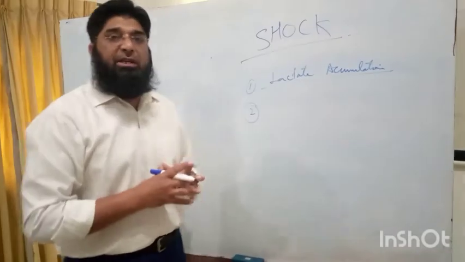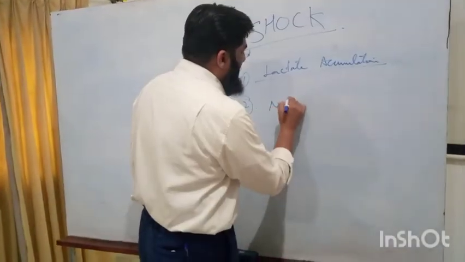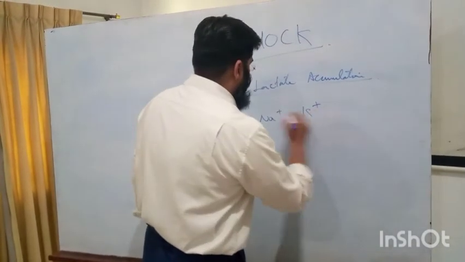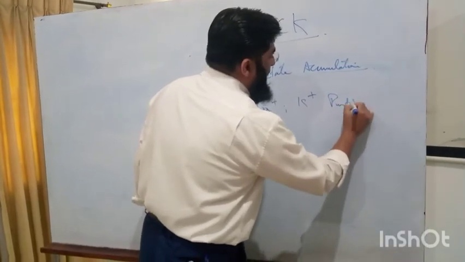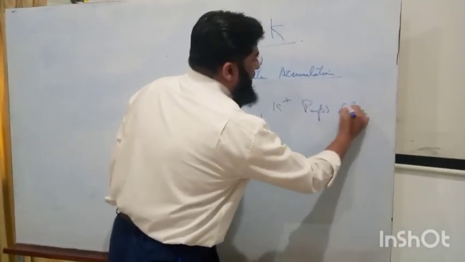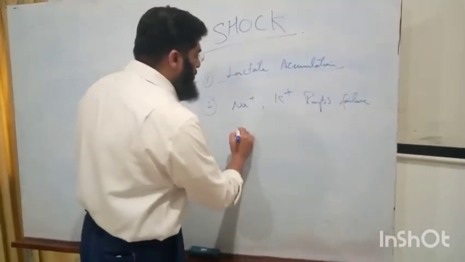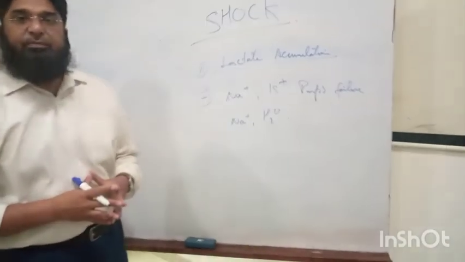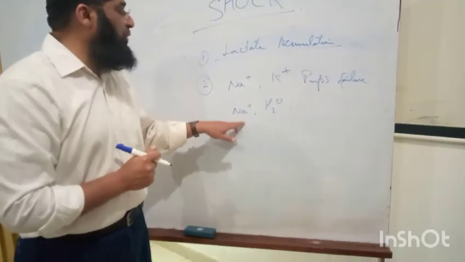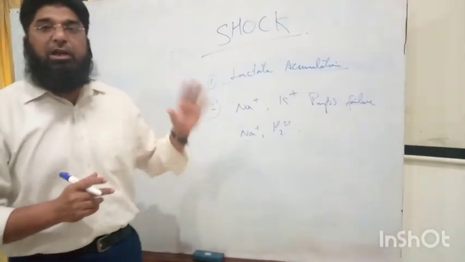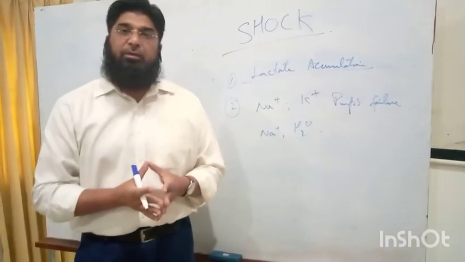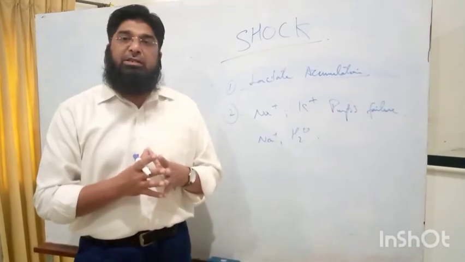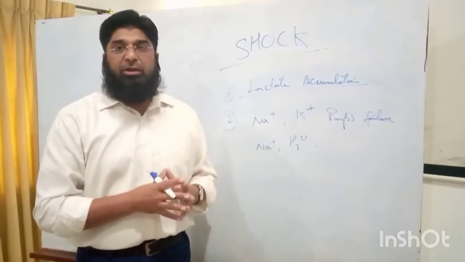As a result, there is accumulation of sodium and water inside the cells. This accumulation of sodium ions and water leads to hydropic cell swelling. The cells swell up, and this is the beginning of cellular injury.